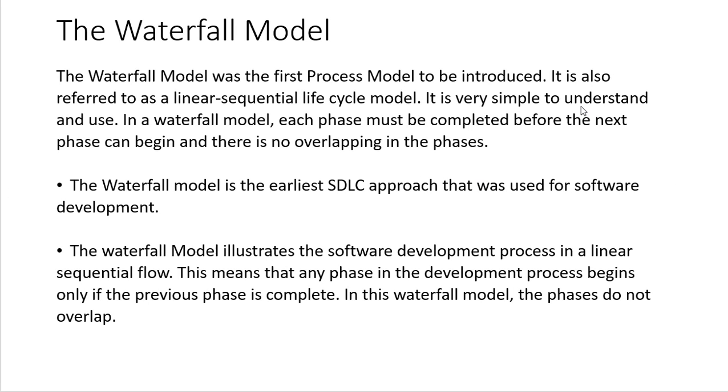Now I'm going to give an example of a software process model, a really classical one called the waterfall model. This model was the first process model introduced to the world.